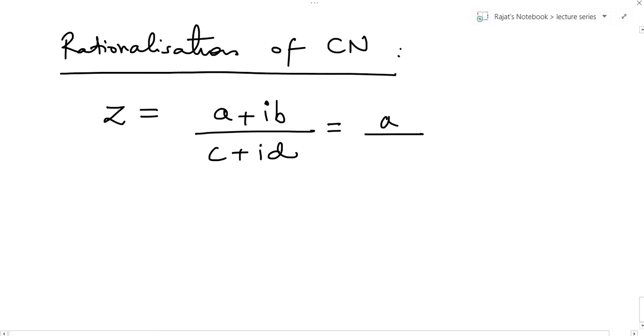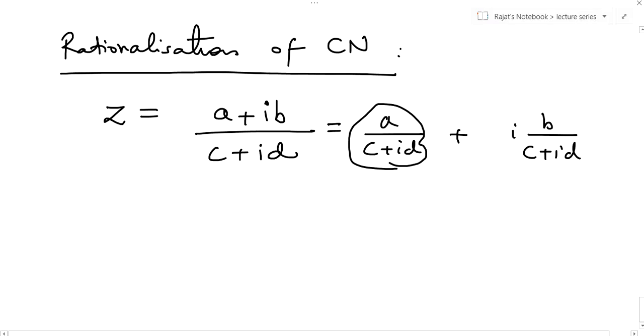If you write it like this, a upon c plus id plus ib upon c plus id, this component again has an imaginary part attached to it, and this component obviously has an imaginary part. So we have not been able to separate the real and imaginary parts. Rationalization helps us to separate the real and imaginary parts. How do we do rationalization?